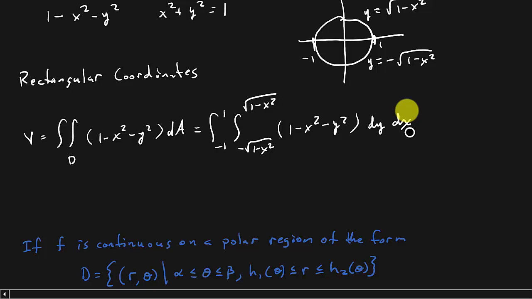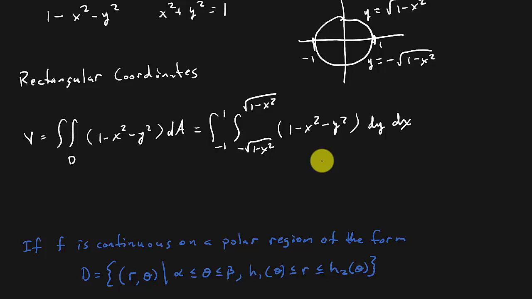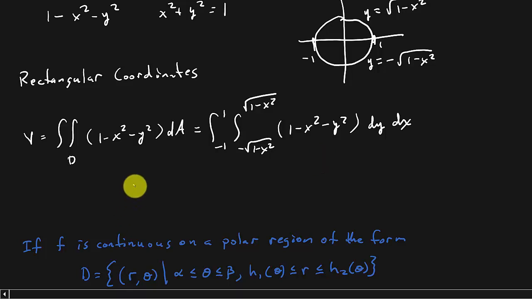And just to show you, if you were to do it this way, which you can, okay, you can do it this way, but what'll happen, it will involve finding this integral. After you integrate and you plug these in, you'll end up having to find this integral, 1 minus x squared raised to the 3/2 dx.